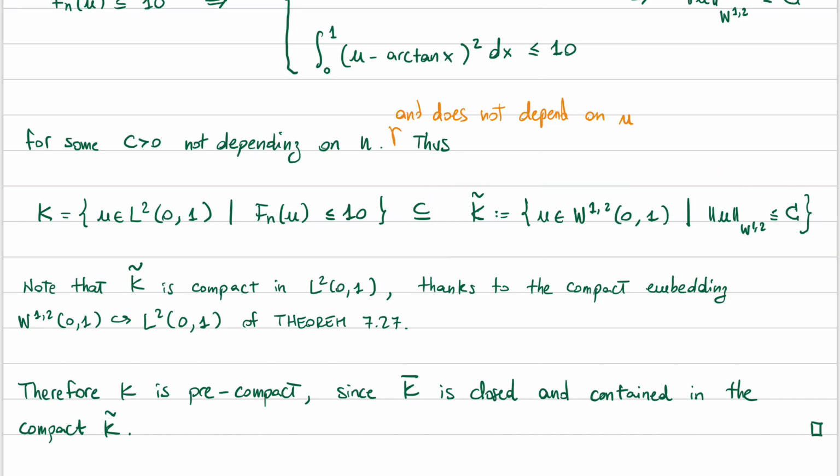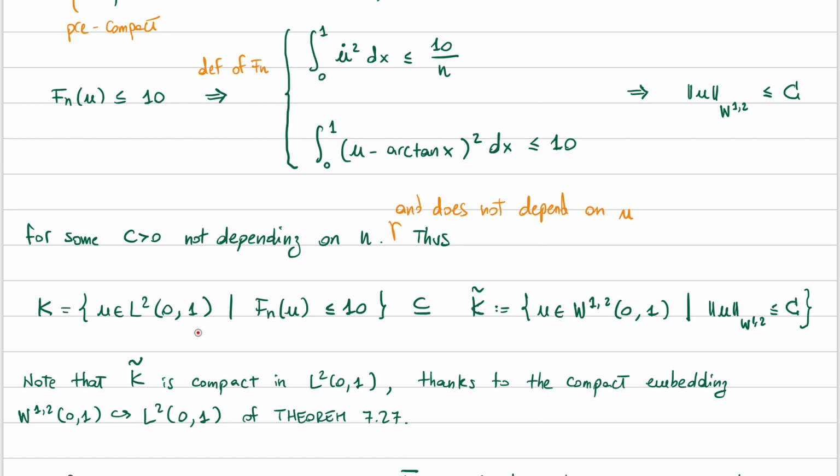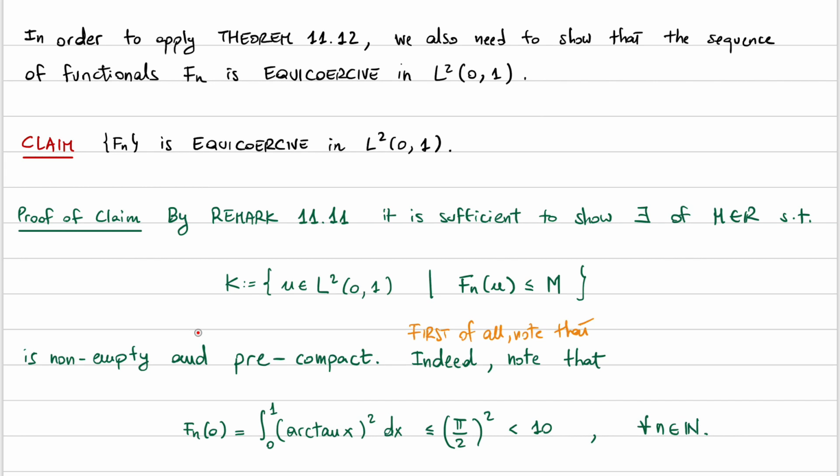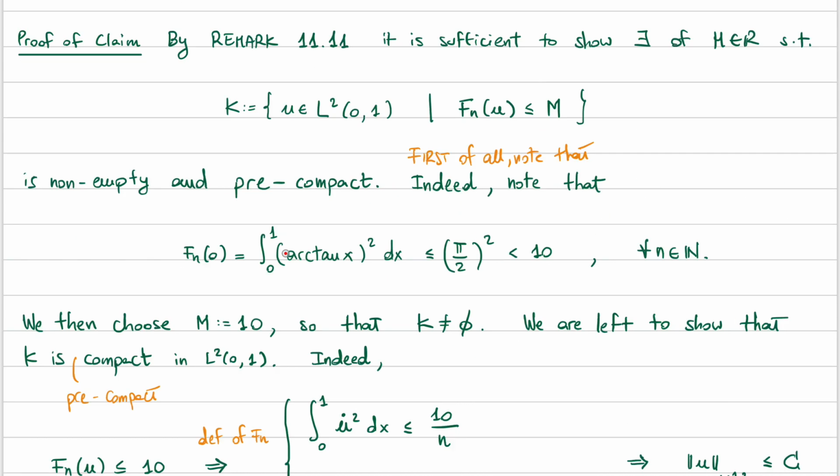So in particular, K closure is contained in K tilde, which is compact, so K bar is closed and contained in a compact set, showing that K is precompact. And so this proves that the sequence Fn is equicoercive.